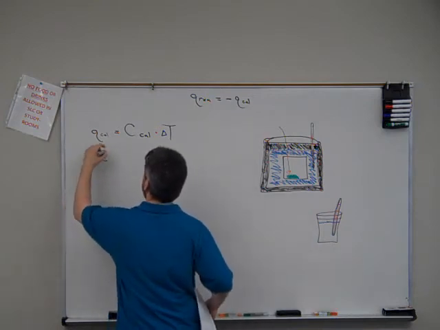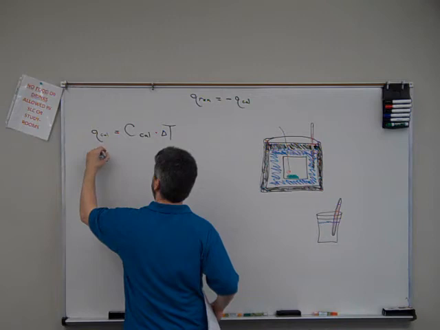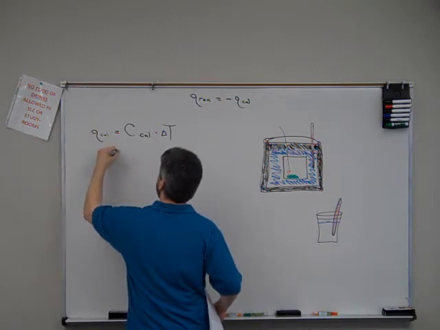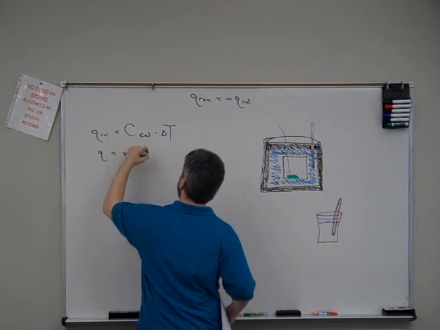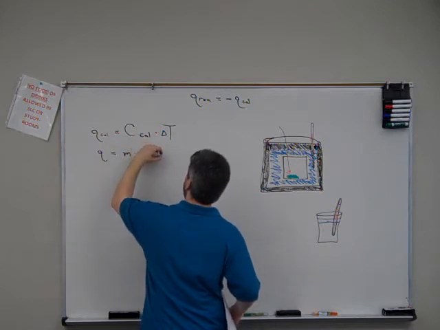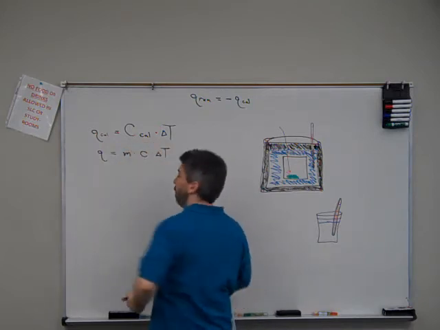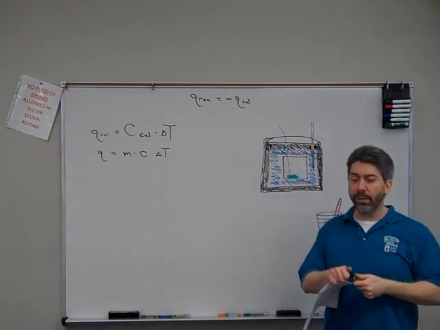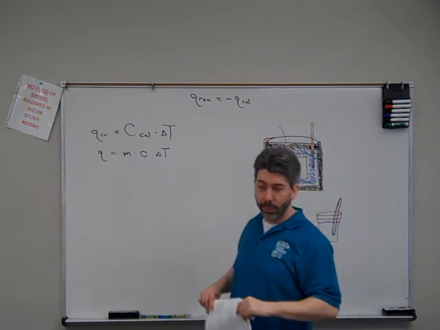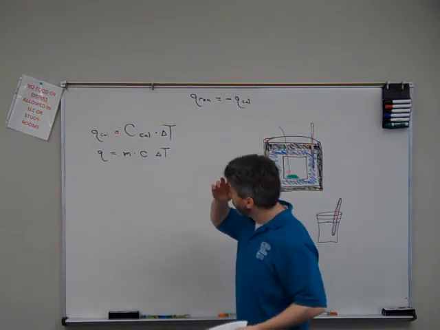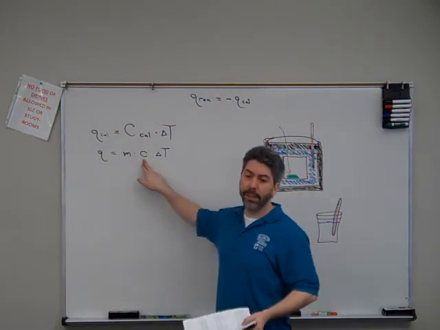the Q of the solution, or Q of the metal, is equal to the mass of the metal times the specific heat of the metal times the change in temperature of the metal. Remember how we talked about earlier how, for example, water is much more efficient at holding heat than, say, aluminum? Well, that's what the specific heat tells us.